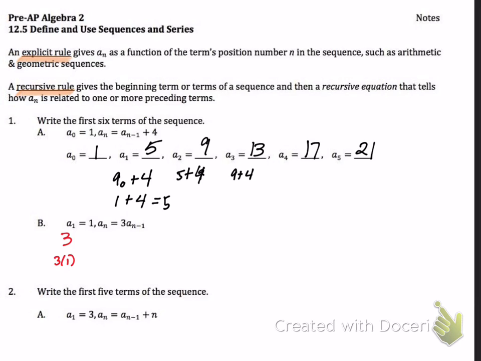Then I take the previous one, 3 times 3, which would be 9. 9 times 3 is 27, 27 times 3 is 81. And it already gave me a1, which was 1. So that would be 1, 2, 3, 4, 5. Then 81 times 3 is 243. Good. So that would be my first 6 terms.